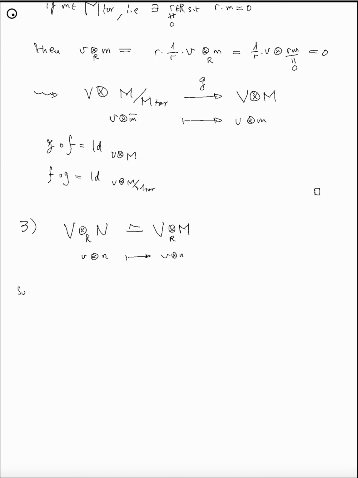Okay, so the solution is to start with a bilinear map. This is bilinear, and so it induces a map from V tensor n to V tensor m.